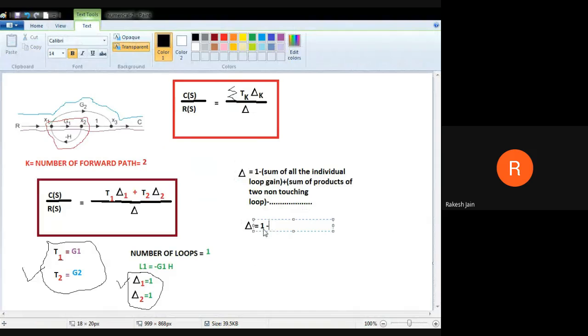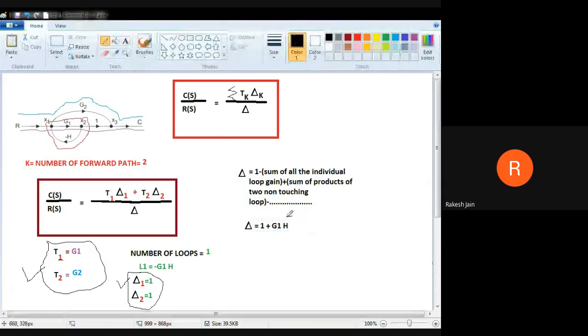Minus G1H, because the minus sign is already present, so it will be plus G1H, okay, 1 plus G1H. Plus the sum of products of two non-touching loops, but here only one loop is there, so we cannot write down anything. Now this del I also found.